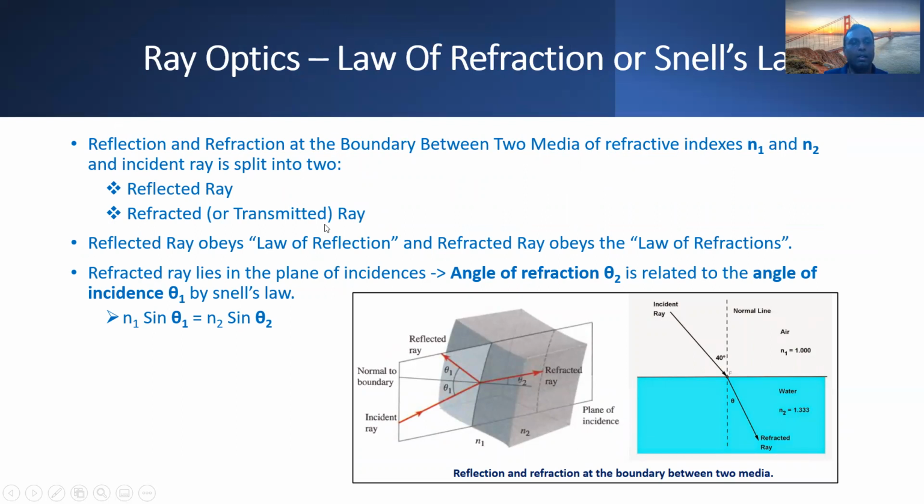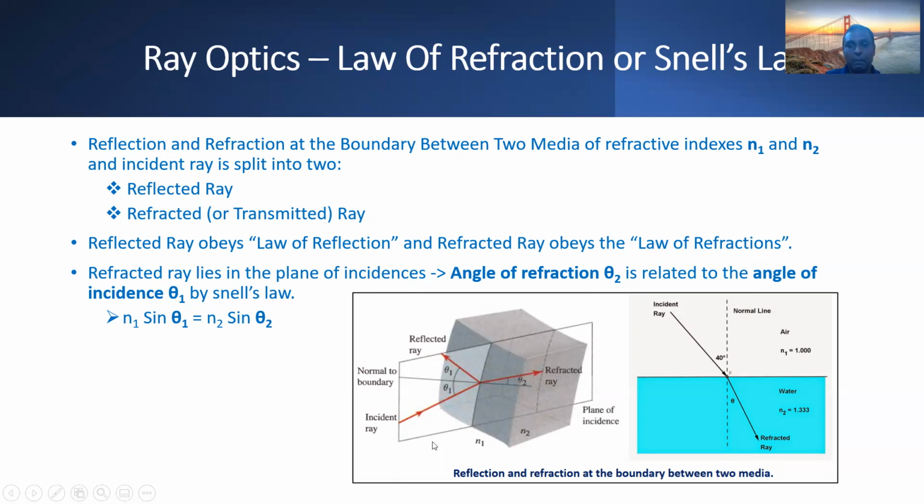As a general rule of thumb, the reflected ray obeys the law of reflection, and the refracted ray obeys the law of refraction. The refracted ray lies in the plane of incidence, where the angle of refraction theta 2 is related to the angle of incidence by Snell's law, which is given by N1 sine theta 1 equals N2 sine theta 2.